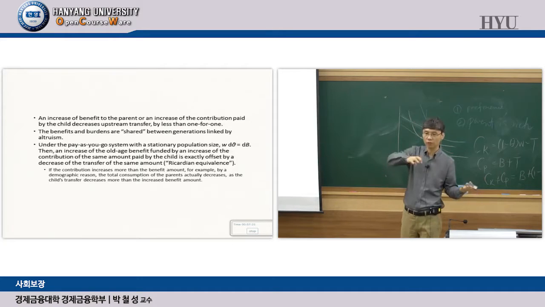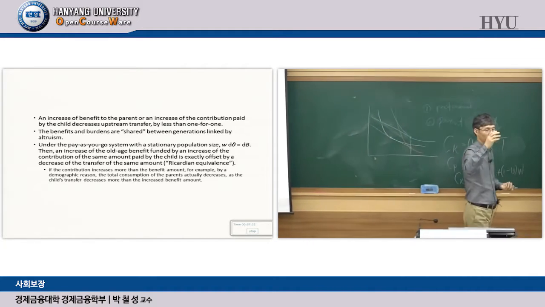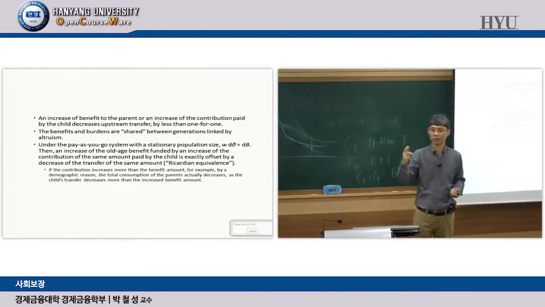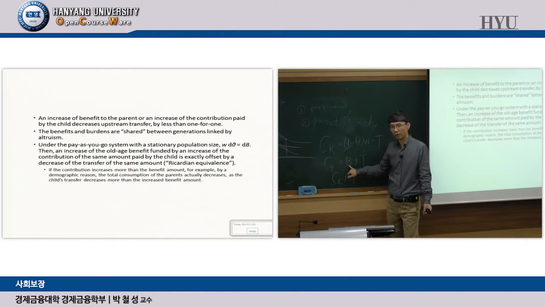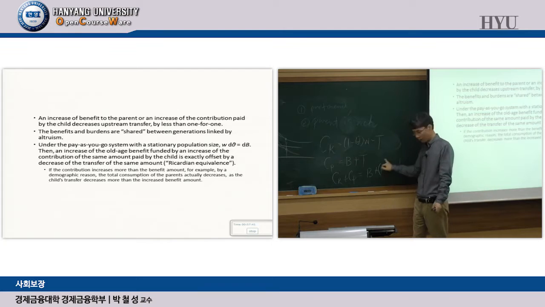Then if each family has just two persons, like parents and child, what happens here is that parents got $1 more, but child got $1 less. Okay? When you look at this, the parents get $1 more, but the child gets $1 less.